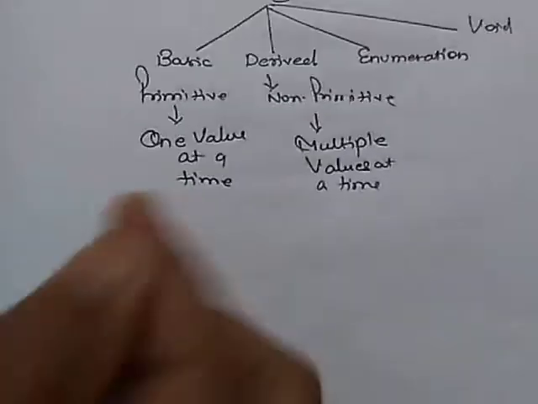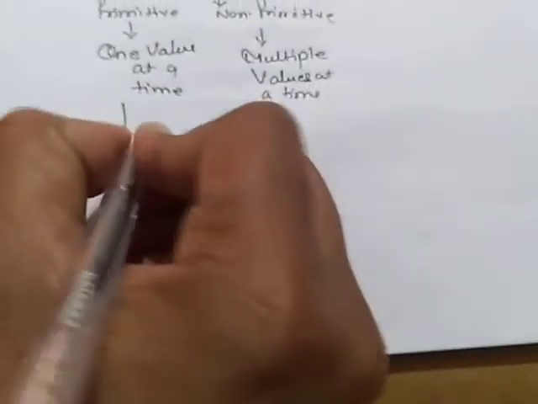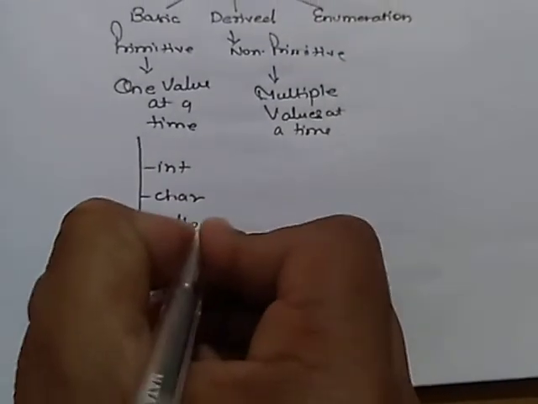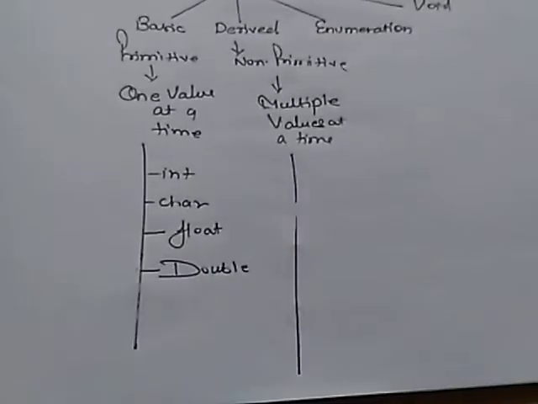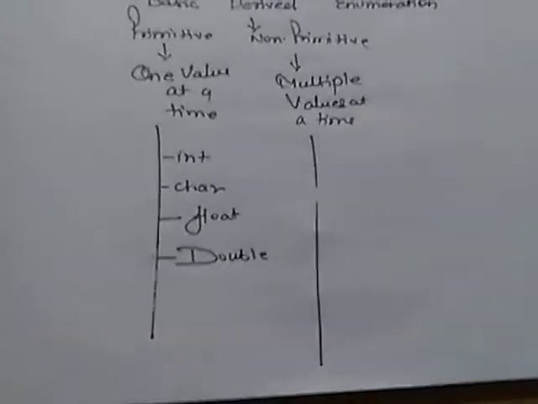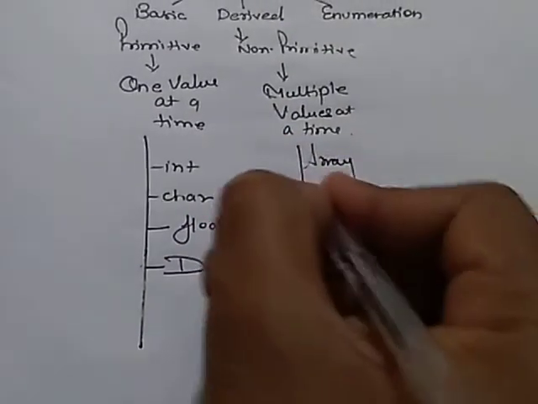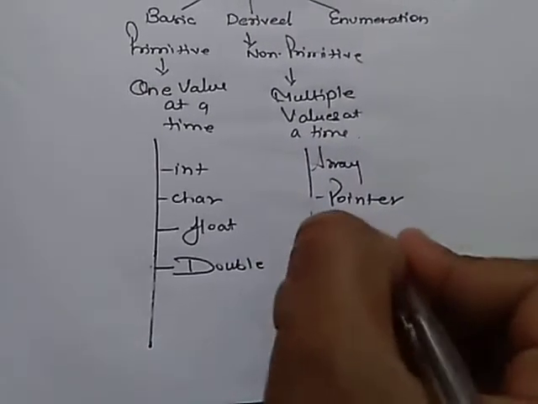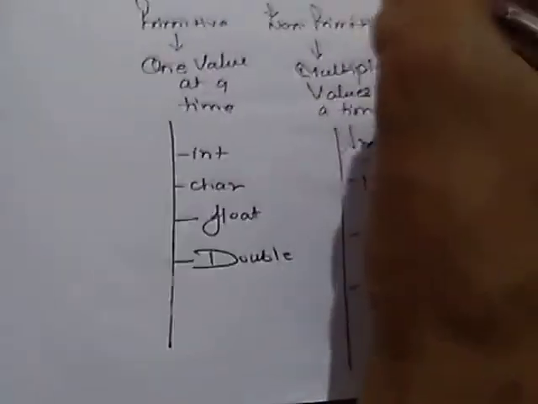Now basic data types include integer, character, float, double, and multiple or derived data types include array, pointer, union, structure, and enumeration.